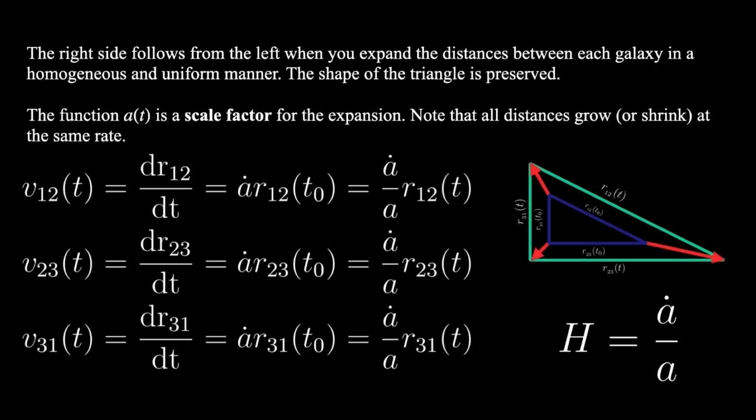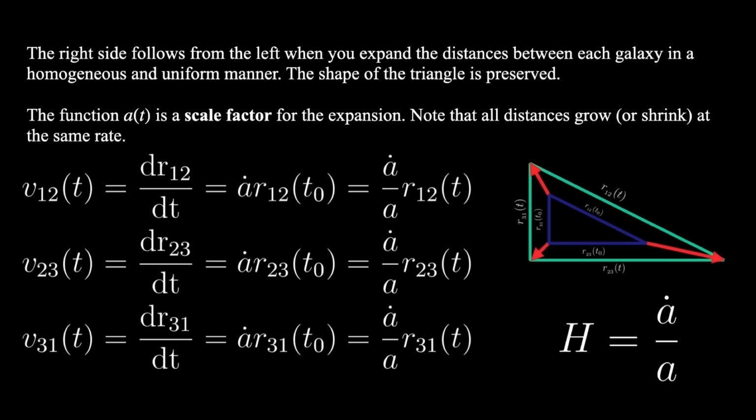That is the definition of the Hubble parameter, and it maps the entire history of how these distances all grow or shrink at the same rate because they're all doing so uniformly and homogeneously throughout the universe. Didn't matter which three galaxies we picked. It's just three random galaxies at three random locations. Just because I chose a right triangle doesn't mean anything.